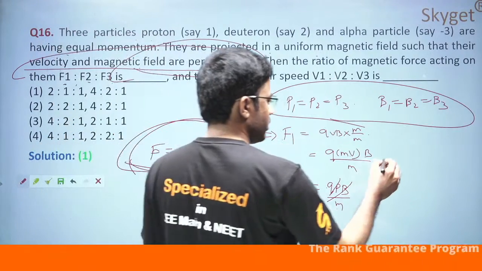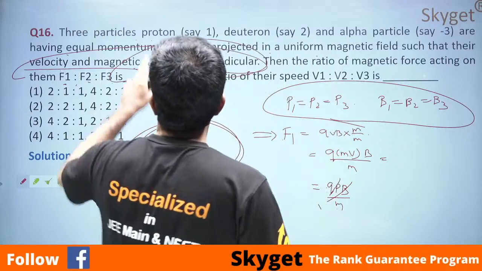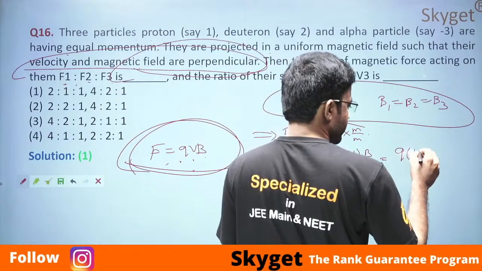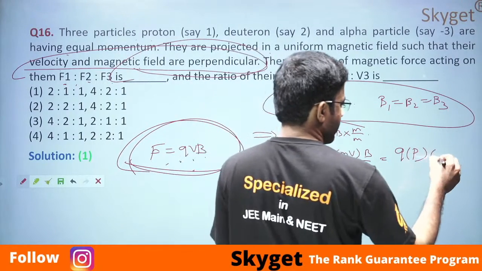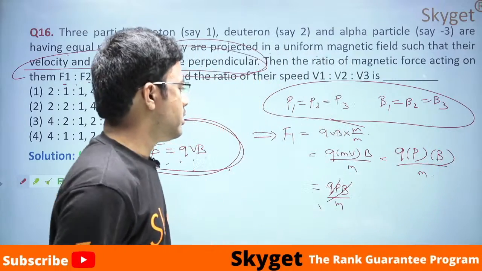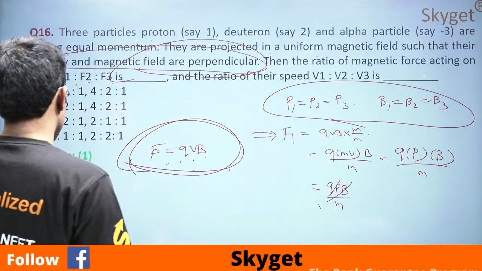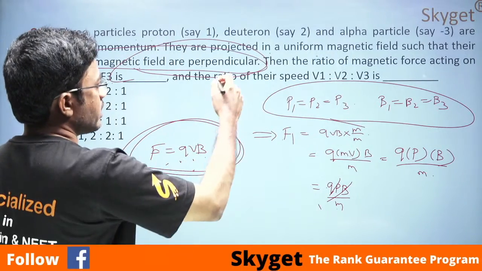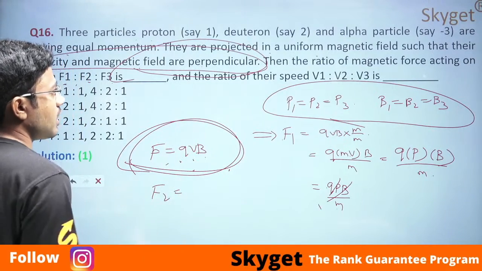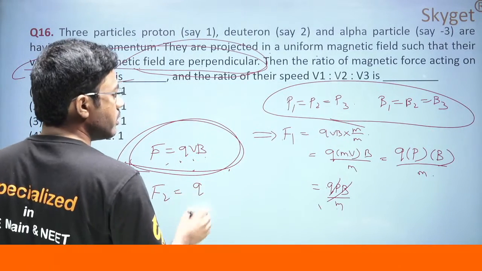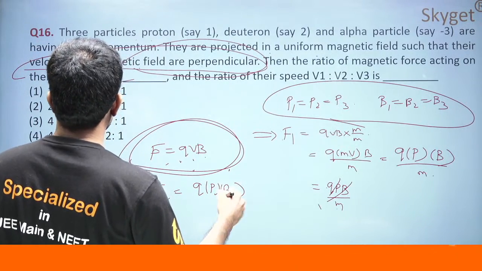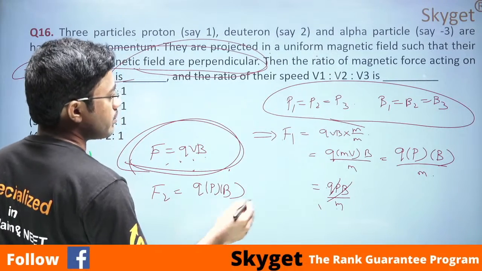So obviously here you can do like this. For the proton, take the charge as q, the momentum is the same p, the magnetic field is the same, and take the mass of the proton as m. So B p q by m is the force on the proton. Next, find it for the second and third particles. For the deuteron, the charge is again q, the linear momentum and magnetic field are the same, and the mass is 2 times.